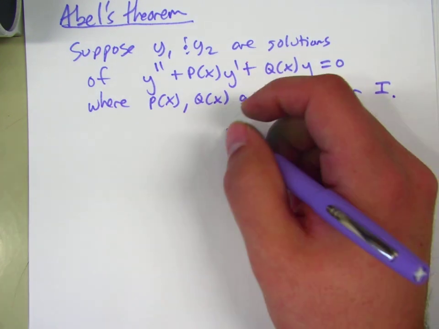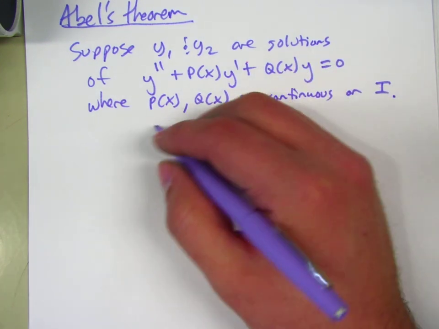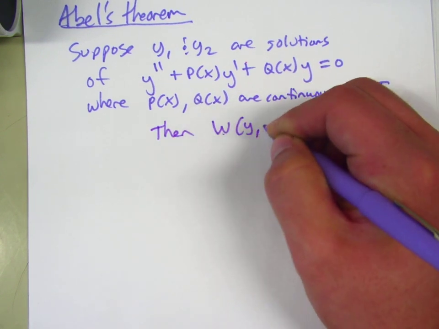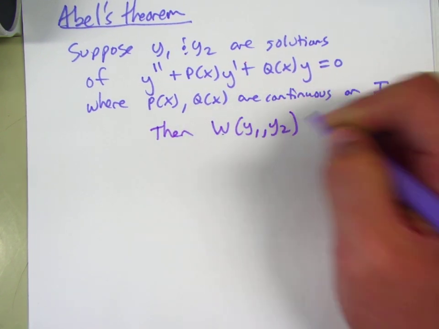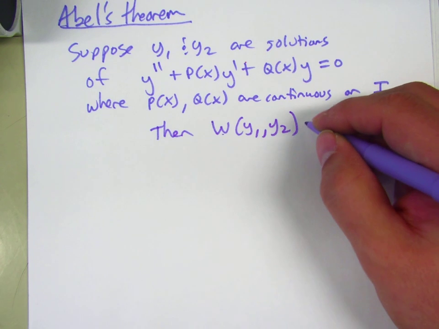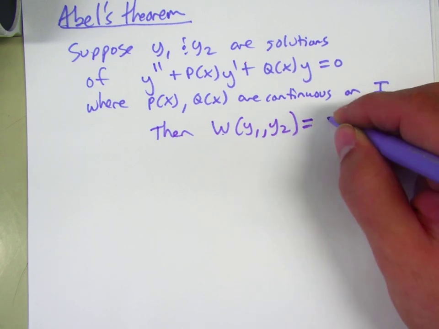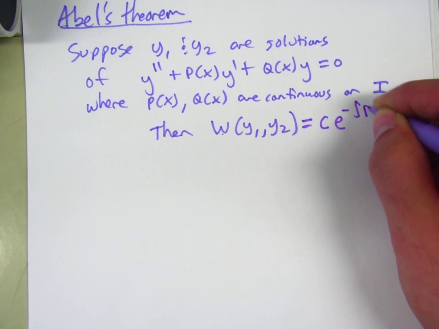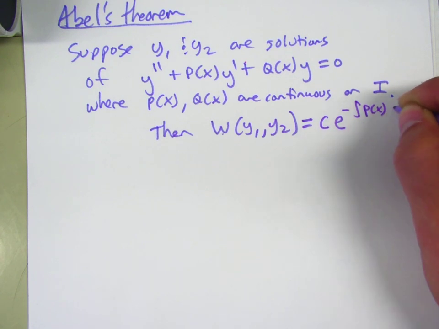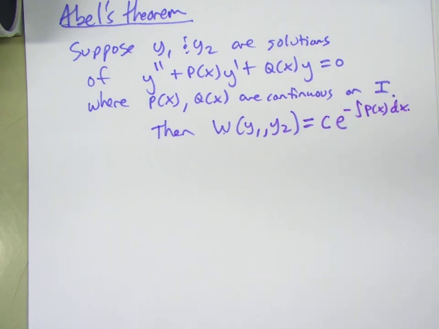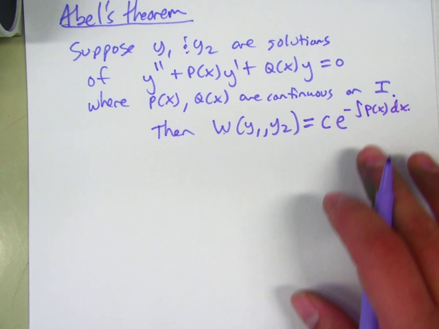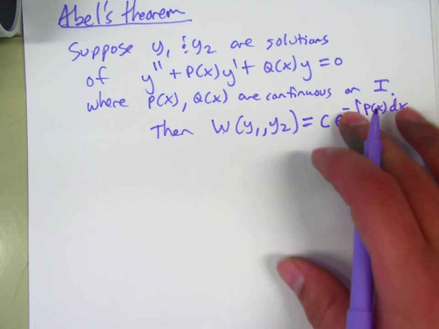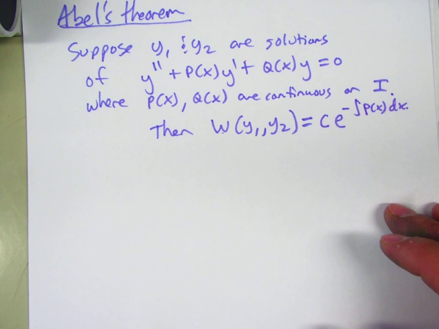Abel's formula says that the Wronskian of y1 and y2 is just going to be some constant times e to the minus integral of p of x dx, which looks suspiciously like an integrating factor, except for this minus sign there. So let's see what's going on.